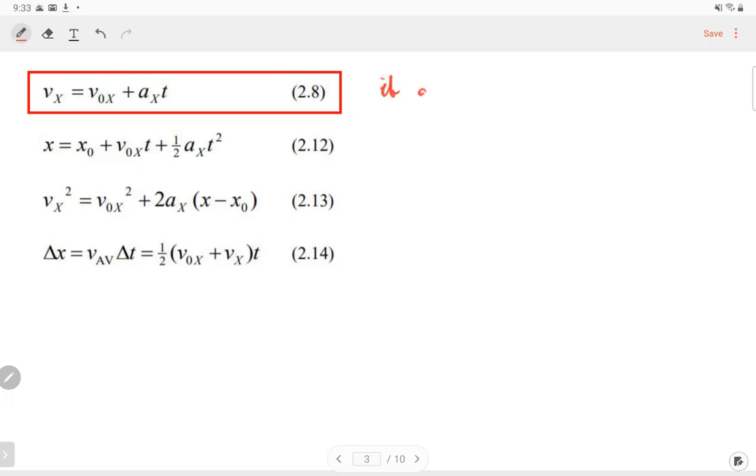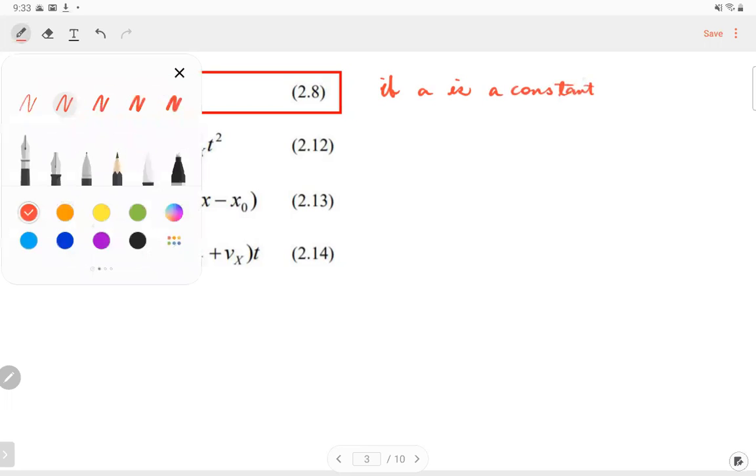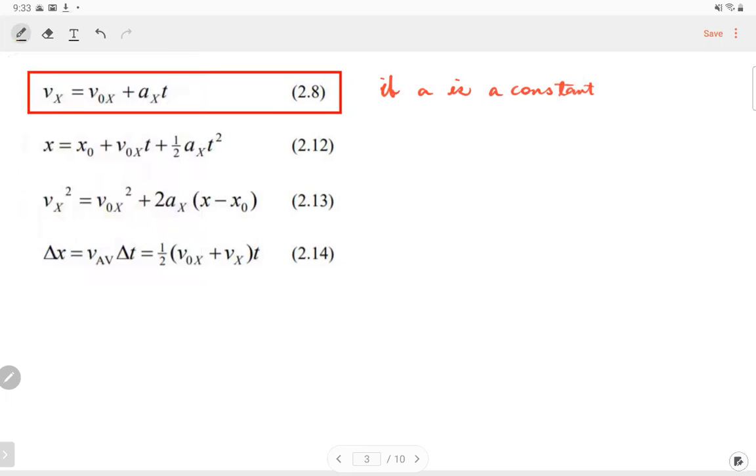If the acceleration is a constant, then the definition of acceleration is the change in velocity over the change in time.